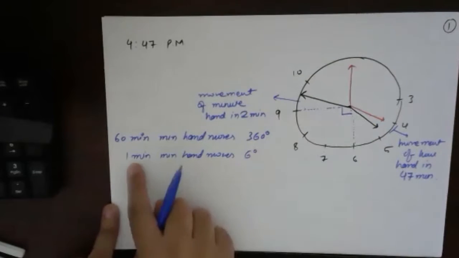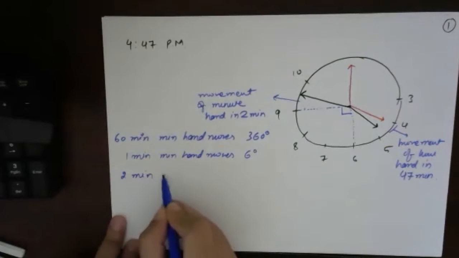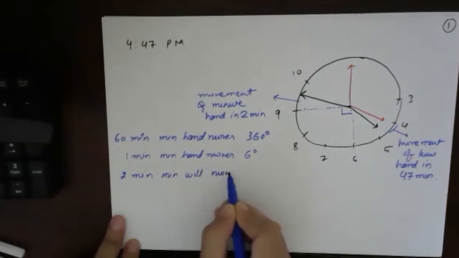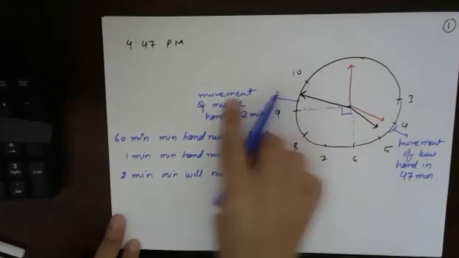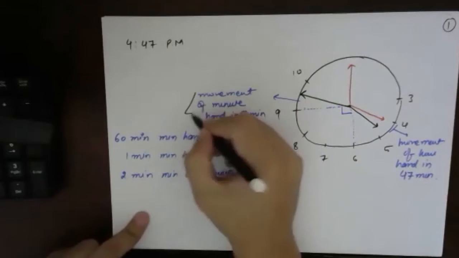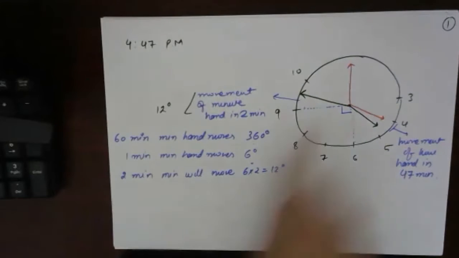So in 1 minute, it moves 360 divided by 60, which is 6 degrees. So in 2 minutes, the minute hand will move 6 into 2, which is 12 degrees. So this angle is 12 degrees.